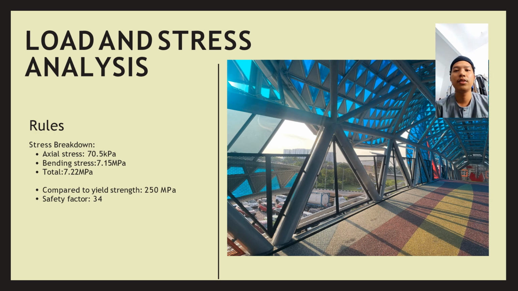The results show that the axial stress is 70.5 kilopascal, while the bending stress is 7.15 megapascal. This gives a total stress of approximately 7.22 megapascals, which, when we compare to the material yield strength of 250 megapascal, the stress is much lower.